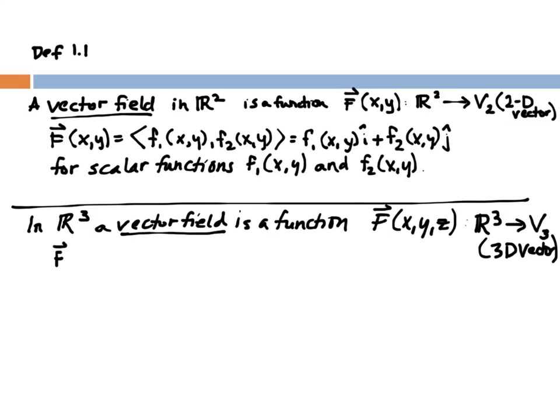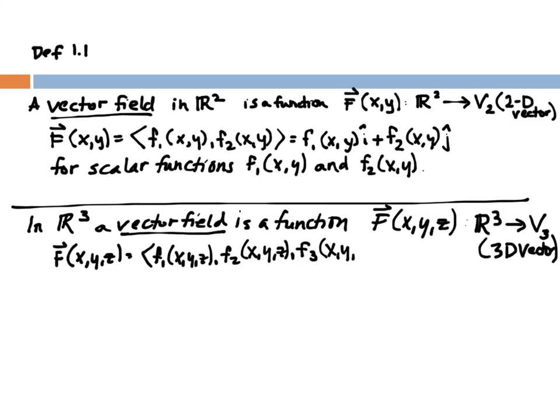And formally defined, this is taking F of (x, y, z) to the vector f1 of (x, y, z), f2 of (x, y, z), f3 of (x, y, z), or we can use the alternate notation with i, j, and k.